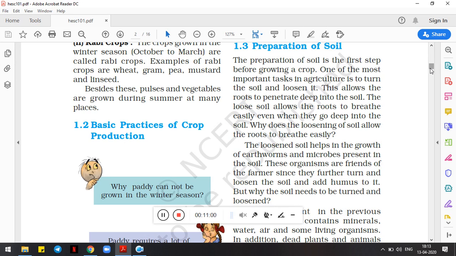Now farmers, they add some humus to it. These earthworms also help, microbes also help in turning whatever fossils, dead leaves or plants, into humus. This humus is porous, meaning it has some holes in it. Because of these, water and air can be exchanged easily and soil becomes rich.